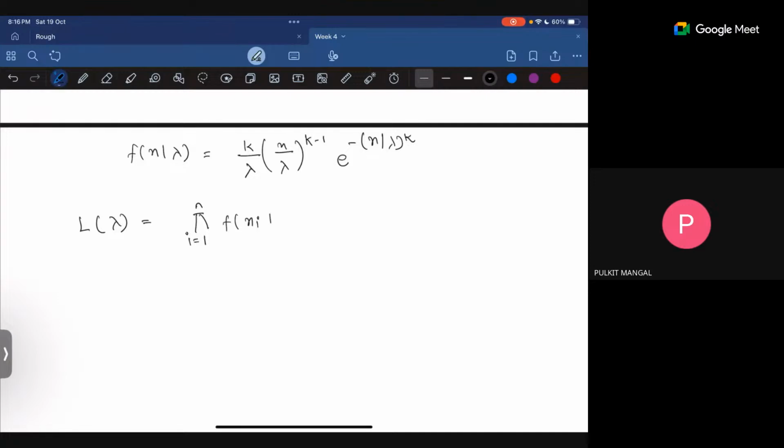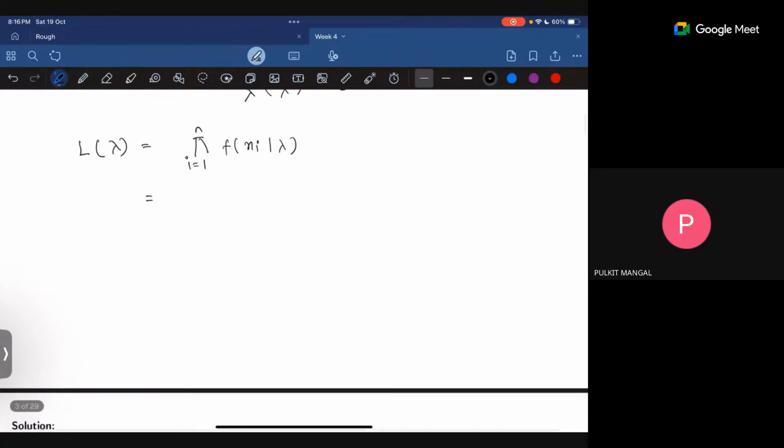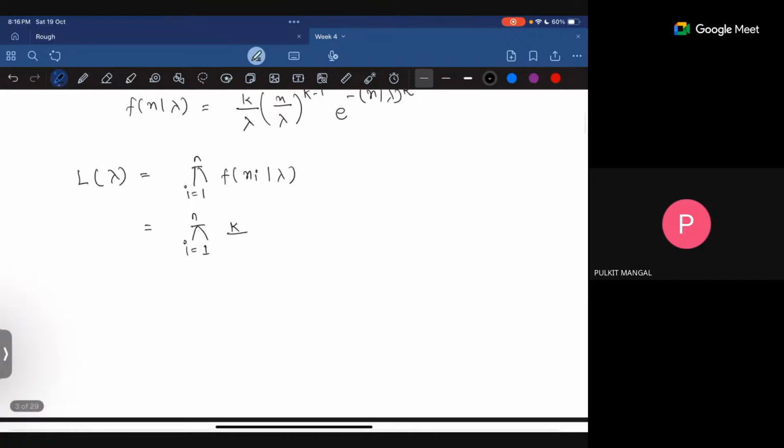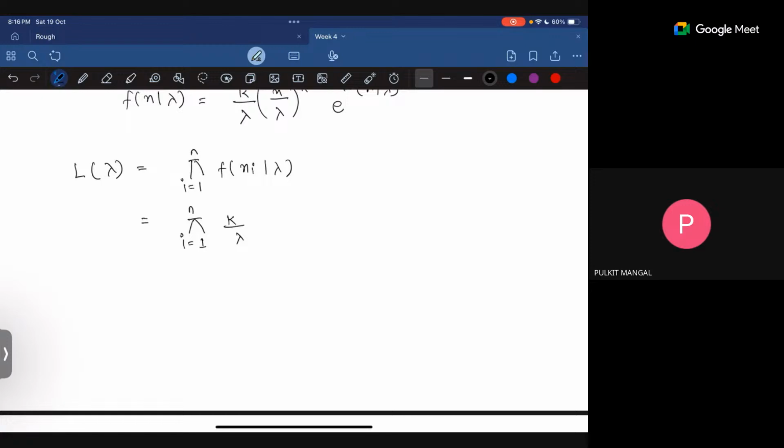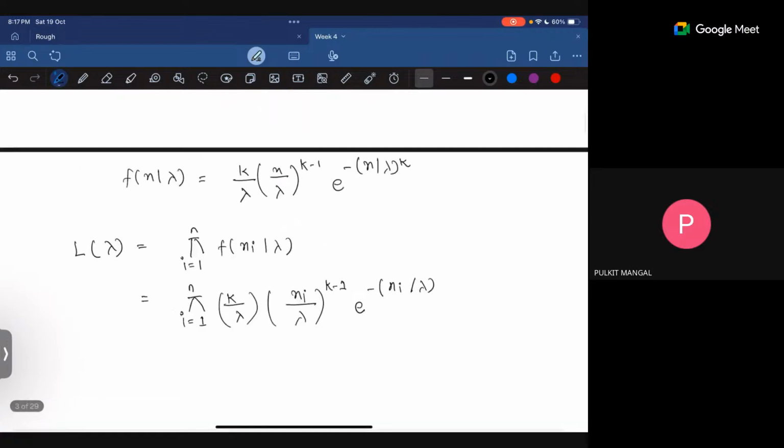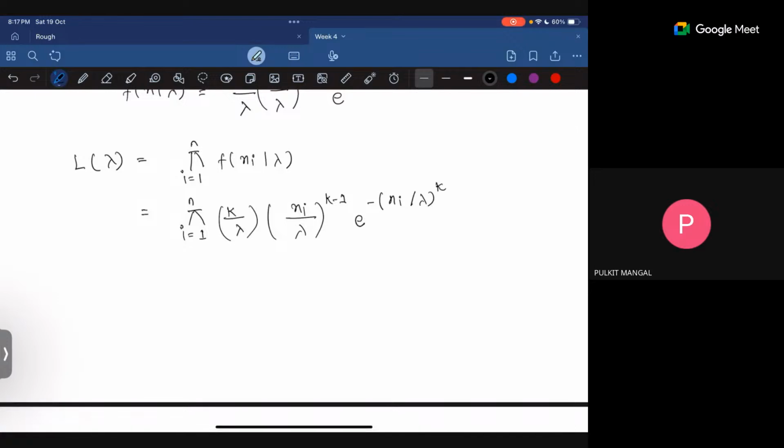So the product over i of f of xi given lambda, that is, k by lambda into (xi by lambda) to the power k minus 1, e to the power minus (xi divided by lambda) to the power k. I hope till the likelihood this is clear to everyone. Now what is the next step that we will be doing?